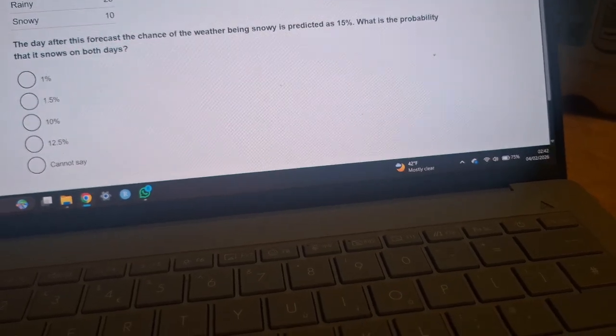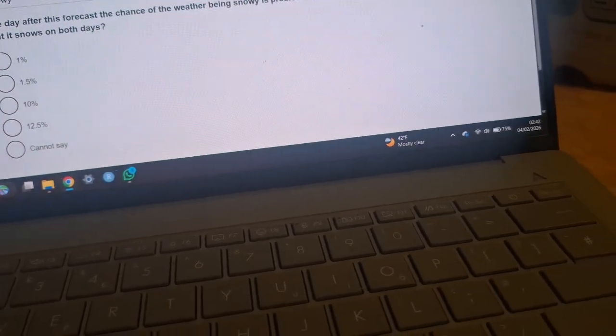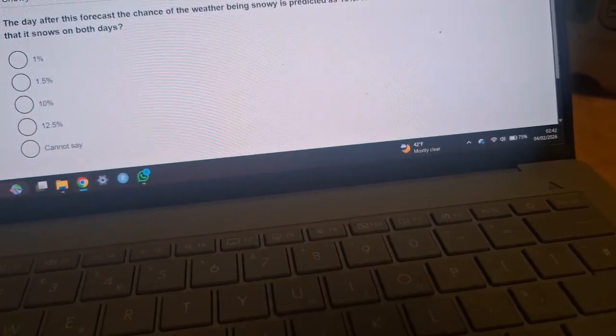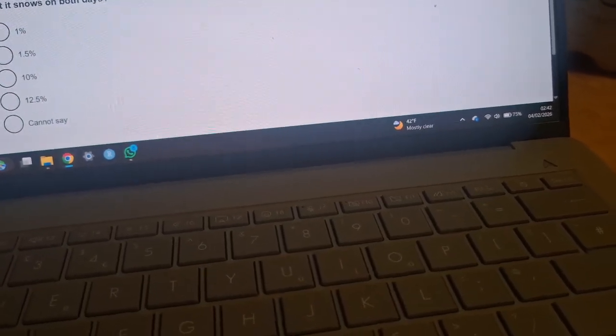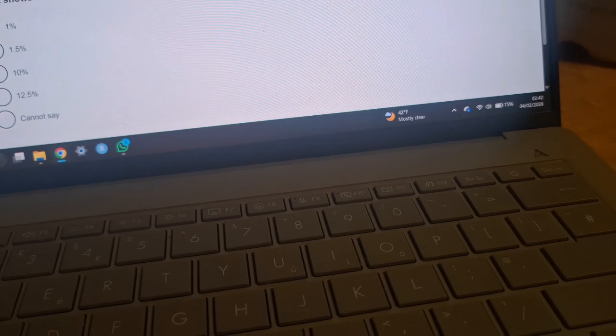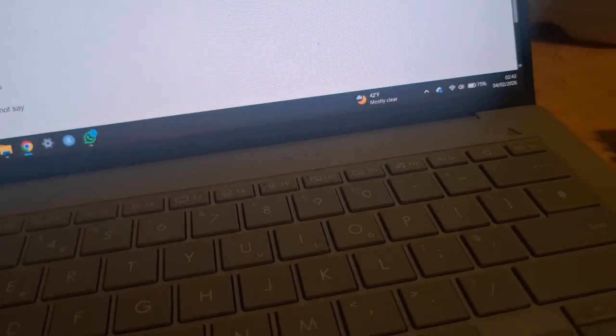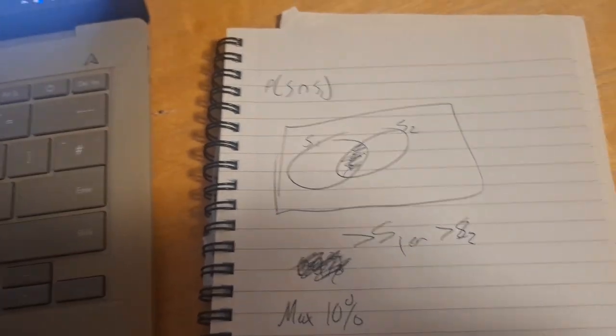So what's left on the board now? Given they are not independent events, but we're looking for the intersection between them. The maximum is the minimum of the two, which is 10%. I've drawn a little diagram here, right? So you've got the intersection there.